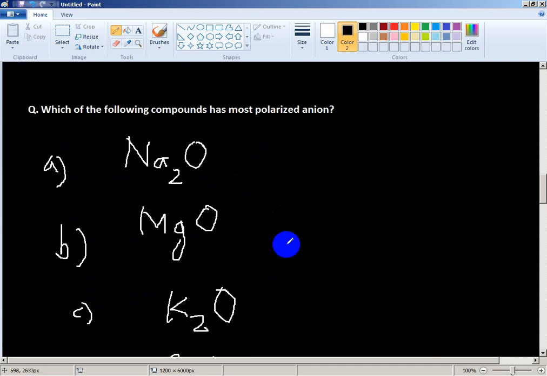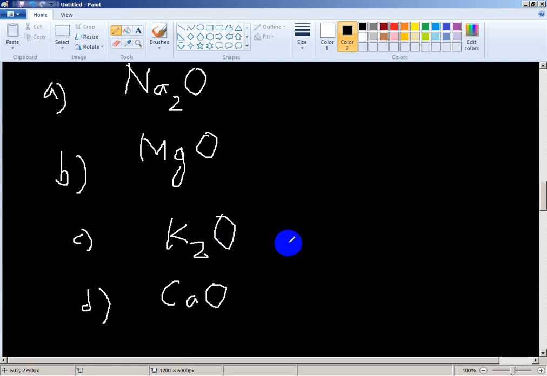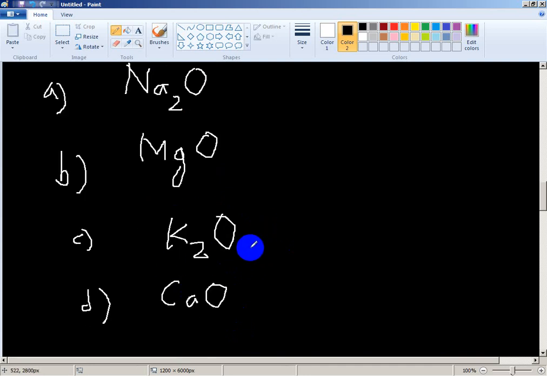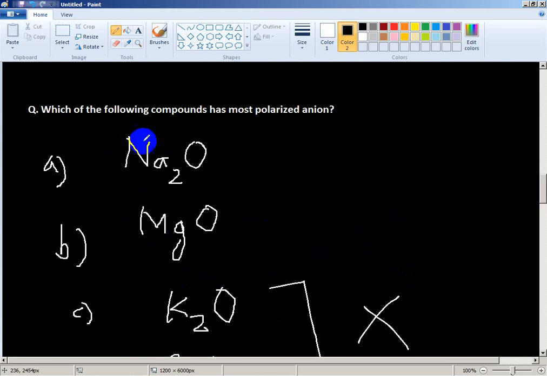At first, check which cation has the larger size. Here the anion is the same, so no problem. We compare the cations. Which cation has small size? Magnesium and sodium are small, while potassium and calcium are larger, so we cut those out at first and will not compare them.